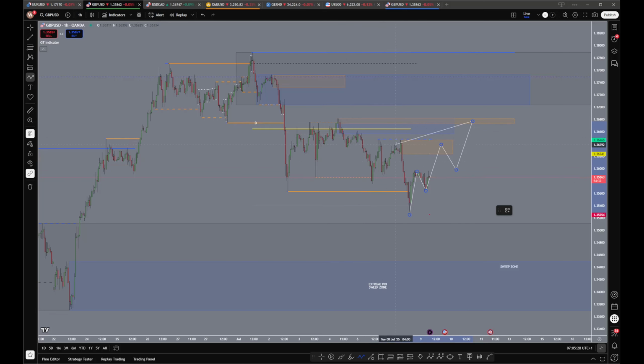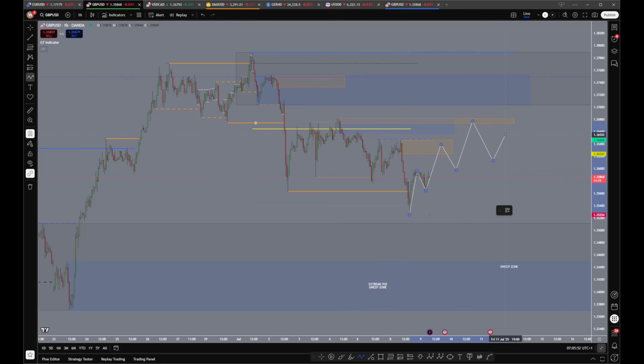We'll have inducement from these highs, this high, this high, this high. We've got inducement over here as well, so it's quite a good zone. When we formed the zone, we did actually sweep these highs as well, so this is quite a strong zone, and then it led to the break of this structure. So this is a very strong zone to be looking for entries from.